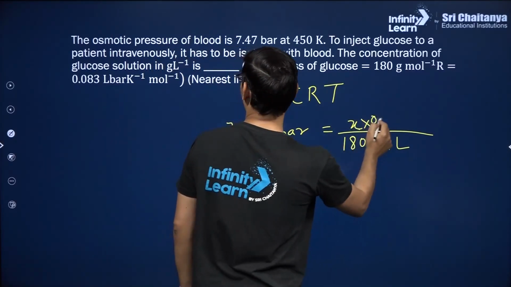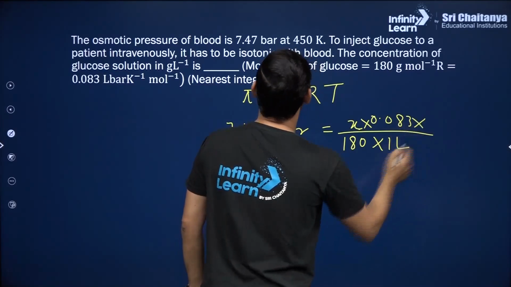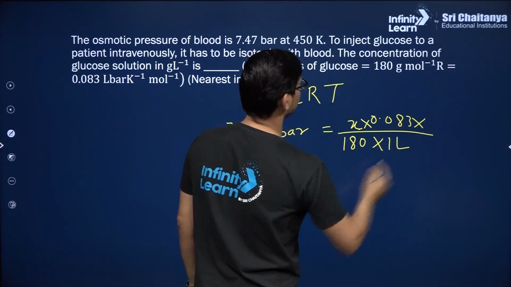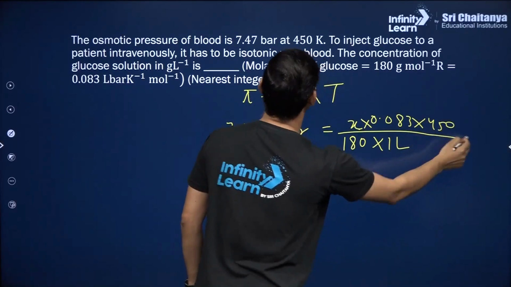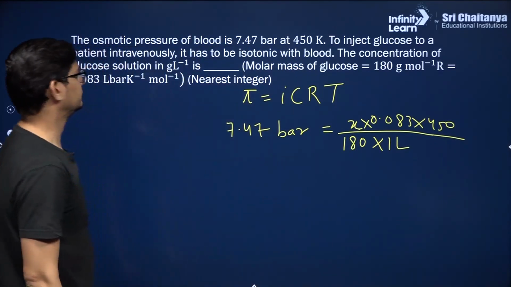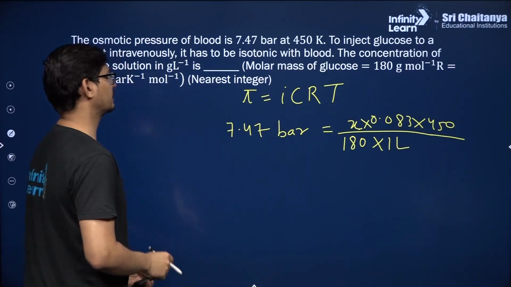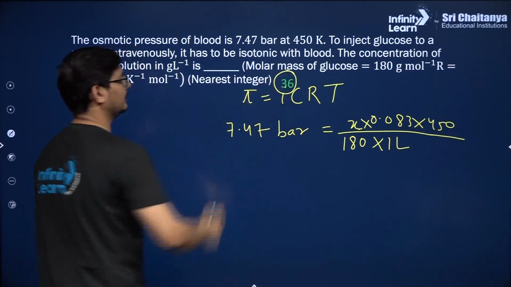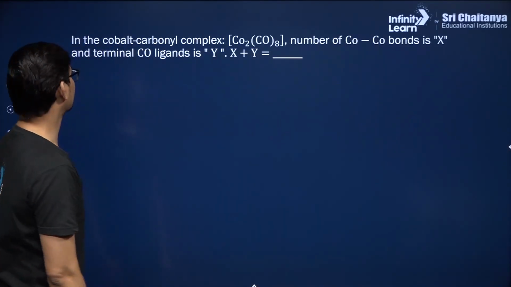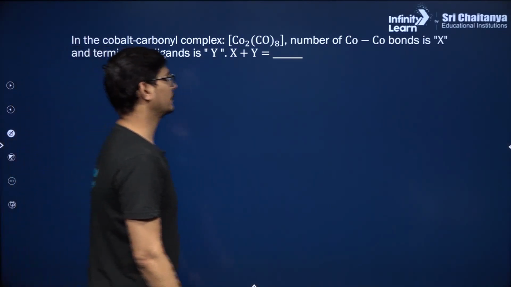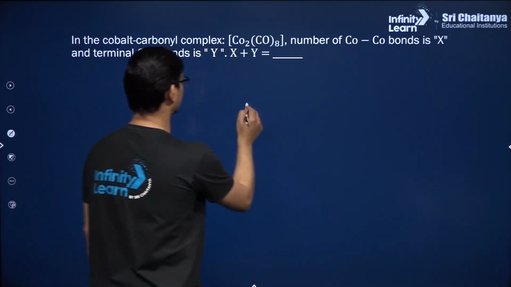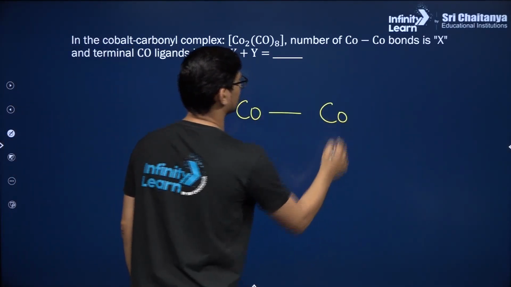And the value of R you can take 0.083 liter bar, and temperature is given to be 310 Kelvin. So you can solve this and find out the value of x, which comes out to be 36. In the cobalt carbonyl complex, the number of cobalt-cobalt bonds is 1.